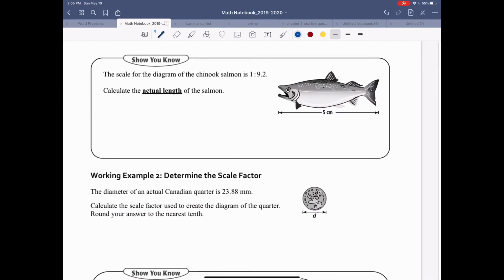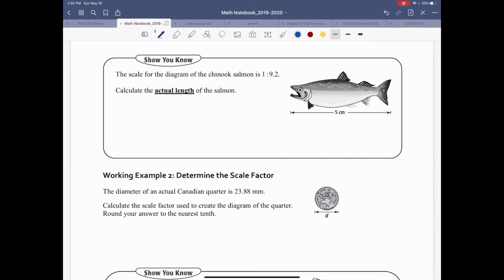The scale for the diagram of the Chinook salmon is 1 to 9.2. Calculate the actual length of the salmon. So you know the ratio is 1 over 9.2, and this is 5 in the diagram.